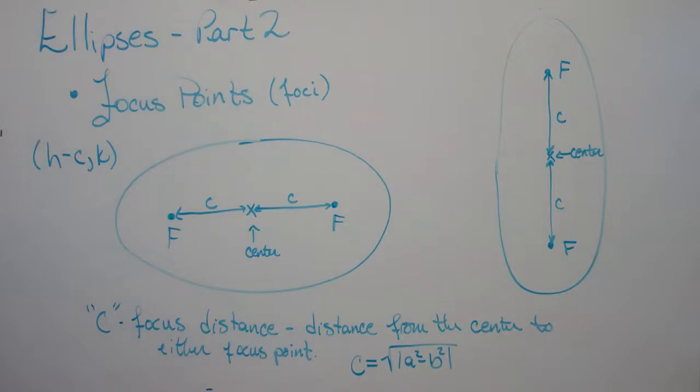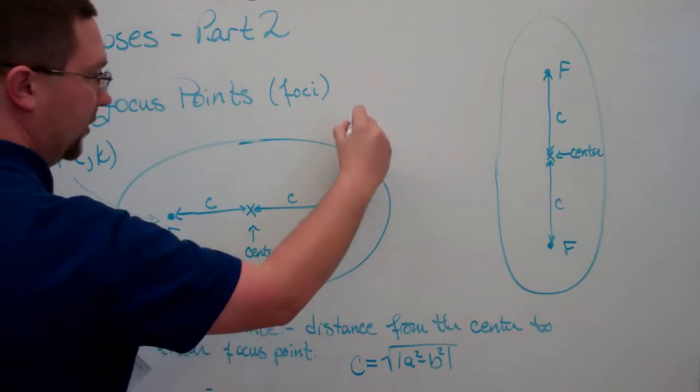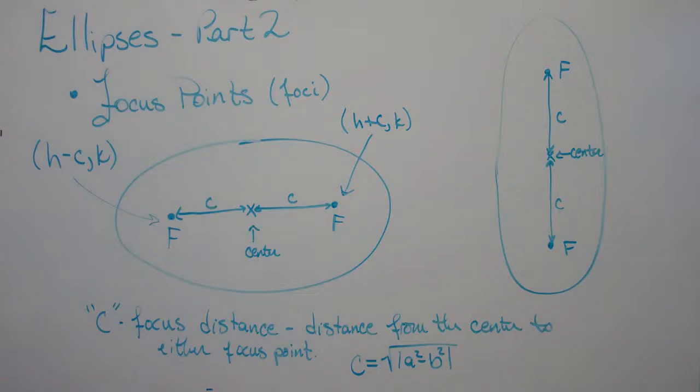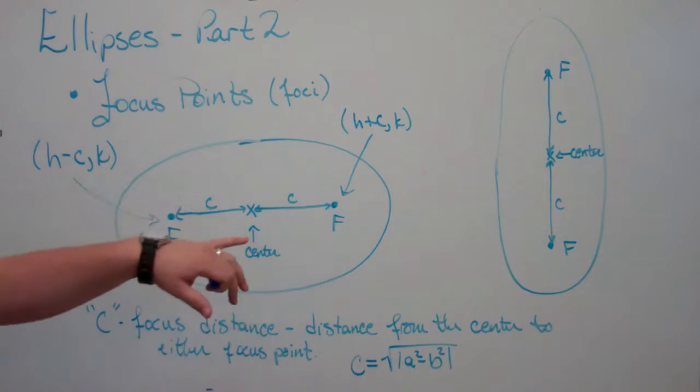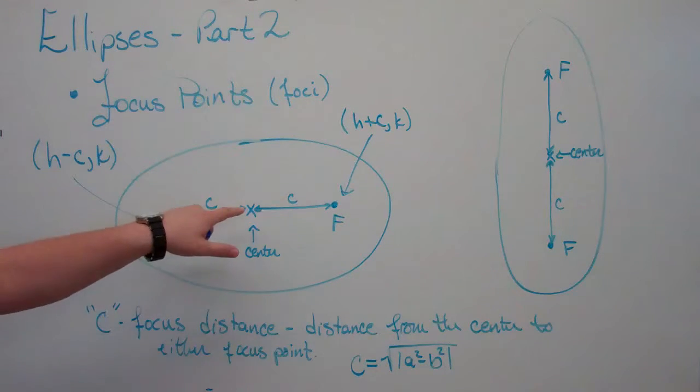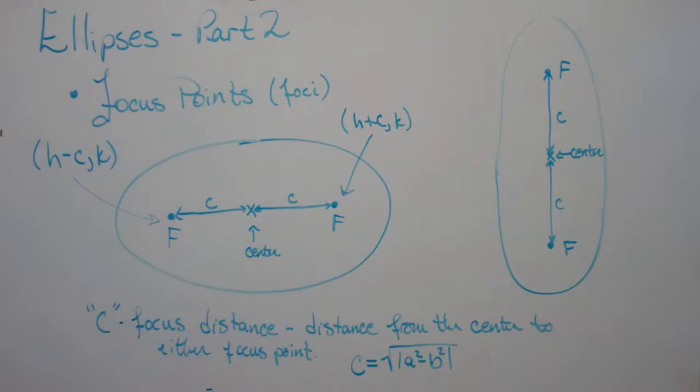To find this focus point, you'd do h minus c, and to find this focus point, you do h plus c and k. Because if it's going left-right, both focus points will have the same y value, and then your x value will be h minus c for this one and h plus c for that one.